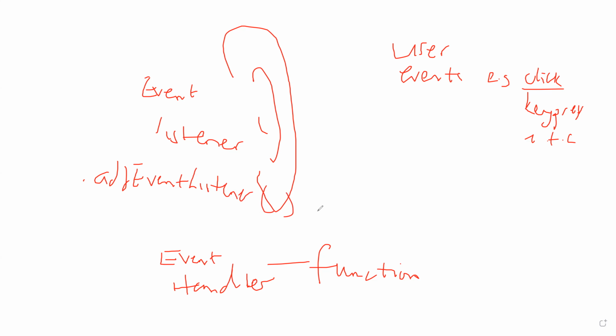Now, I want you to listen carefully. When any form of event, for example, click, key press, any type, occurs, an object is passed as a parameter to this function.